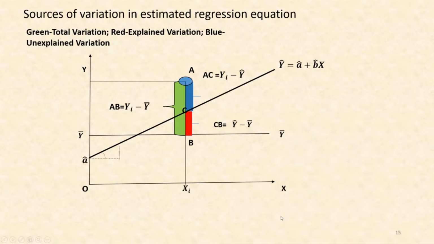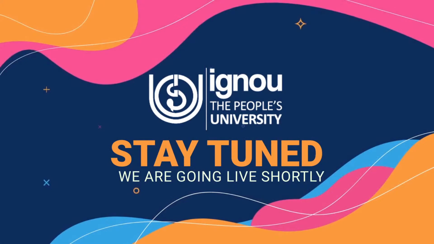Okay. Now the green one is the total explained variation, yi hat minus y bar, squared.